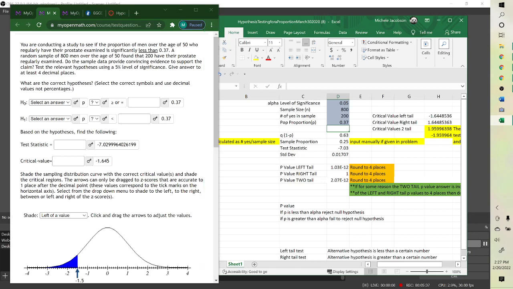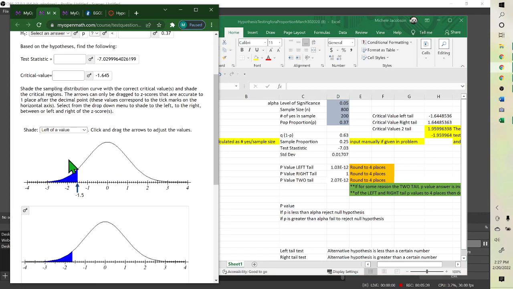Now if we go down here, left tail, and then you want to put your value here and go left because it was a left tail.